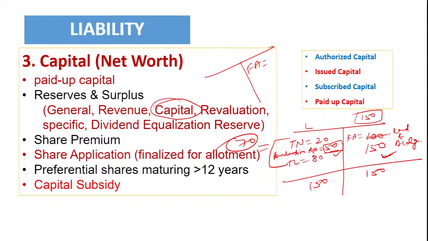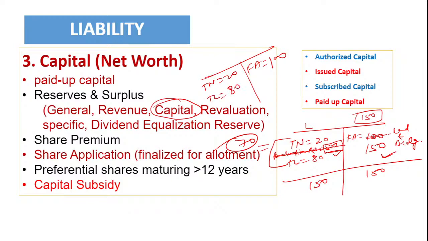So don't write 150. Reduce the revaluation reserve of 50 lakh rupees, and accordingly from the asset side also reduce 50 lakh and write 100. So tangible net worth will be 20 and the term liability will be 80.